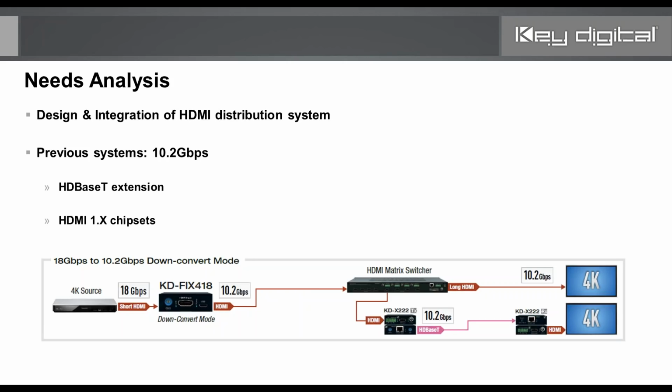And HDBaseT came out at the time with their 5-play platform, the reliable technology. We were all there, or many of us were there for that. And so that's why HDBaseT technology became so widely accepted and utilized by many manufacturers, not just KeyDigital, but their competitors as well.